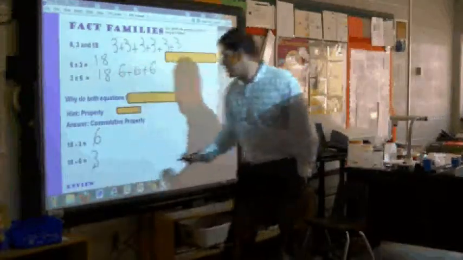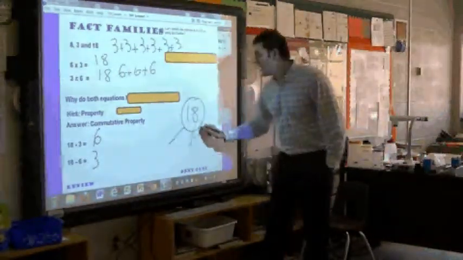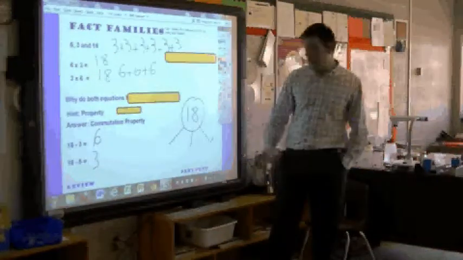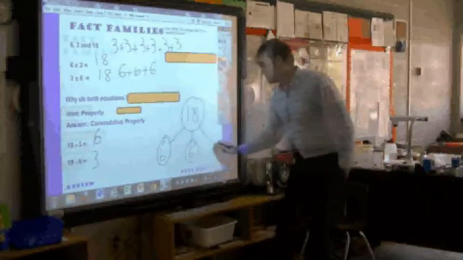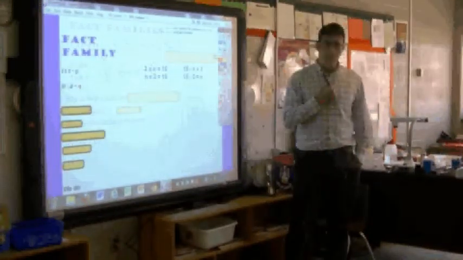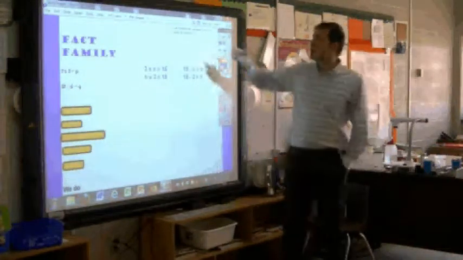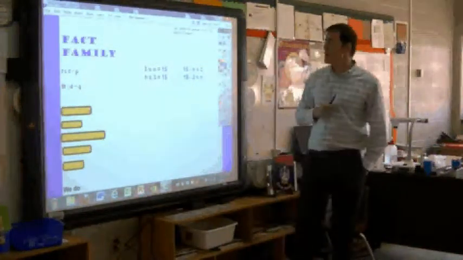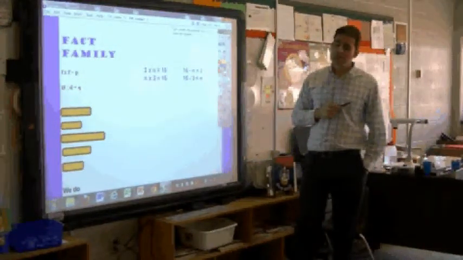How can I prove this? Because if I use 18 as a whole, I have 3 groups of 6. Okay? Remember, at the end of the lesson, you have to think, can I identify the unknown number in a multiplication or division using fact families?